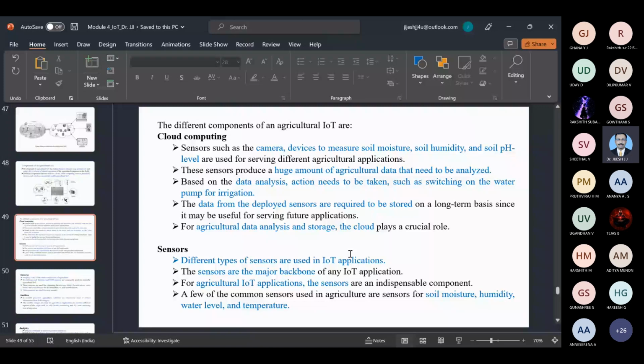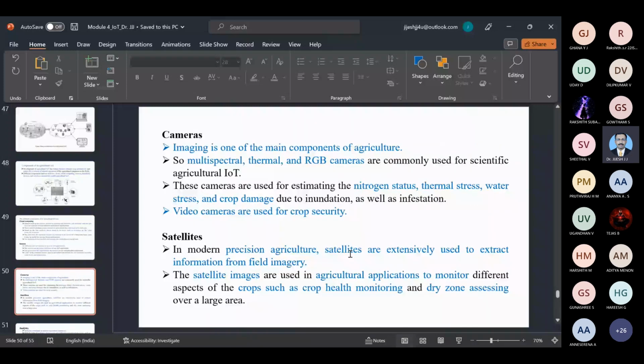See, you know that nitrogen plays a major role in the development of any crop. So it gives the status, then thermal status, water stress, and crop damage. All those things can be viewed with the help of cameras, and video cameras are used even for crop security also. So these are some of the major things we come across in order to monitor the crop productivity.